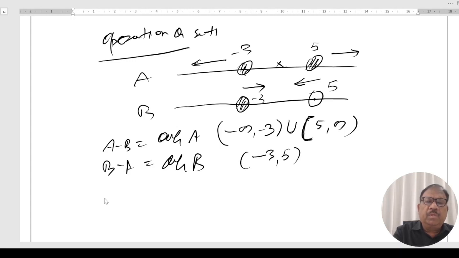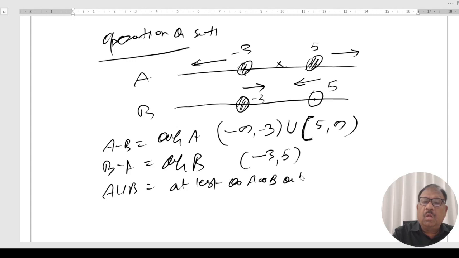A minus B, B minus A union B means at least A or B or both. Every element should be there. So minus 3 to infinity, I think this will be the real numbers.